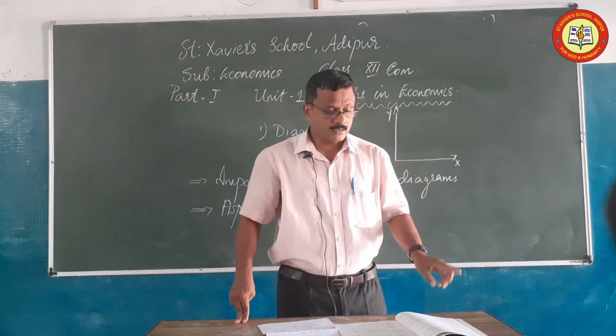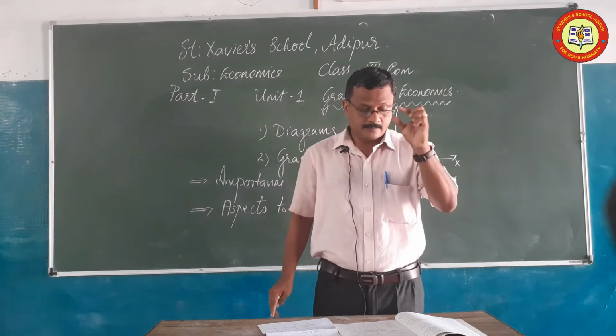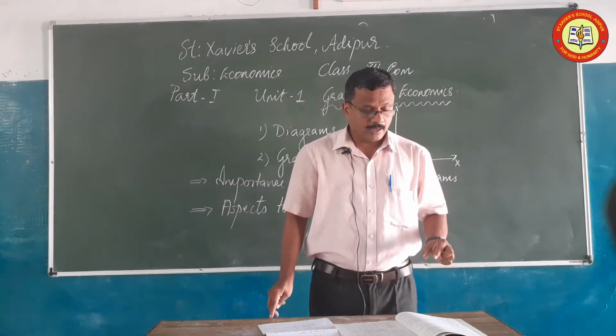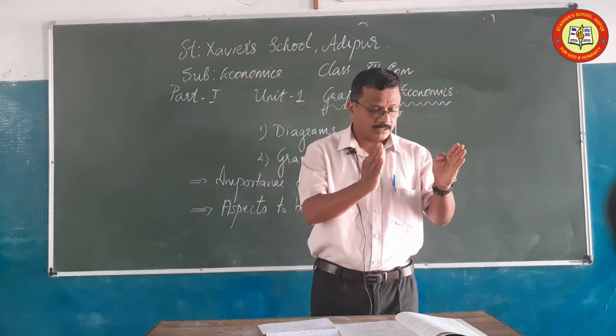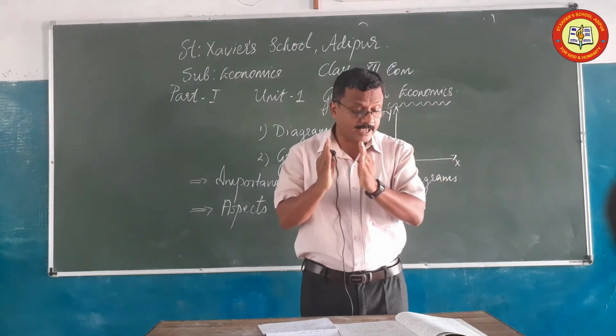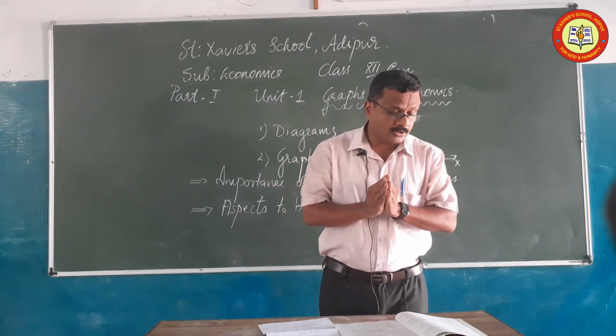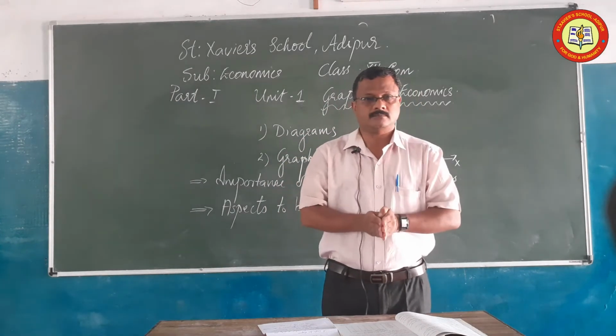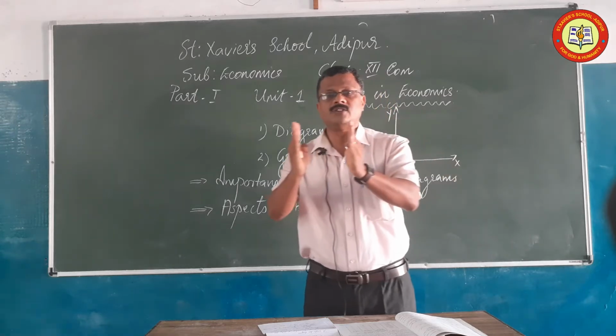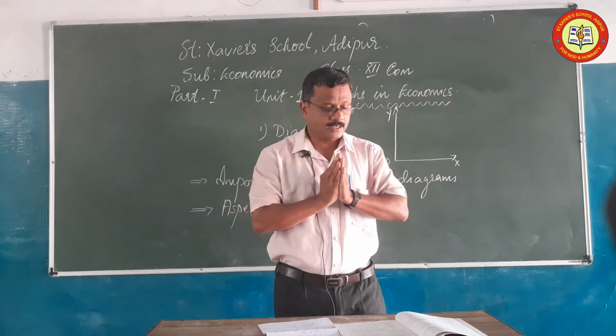See students, the table is given. In the first column, decade, and in the second column, what they have given for discussion is the decadal growth rate of population in percentage.